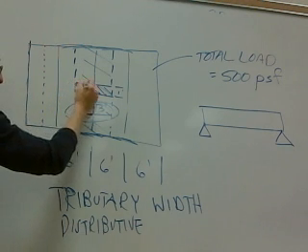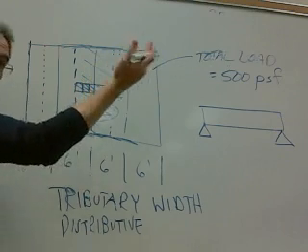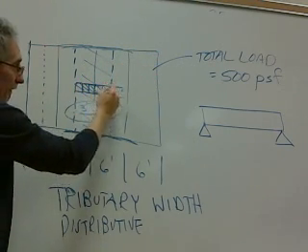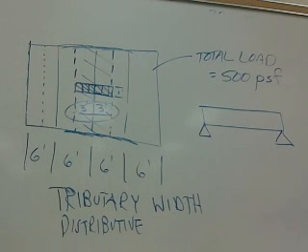Every square foot's 500 pounds per square foot. And how many square feet do I have in here? 6. So how much load am I carrying per foot? 3,000.